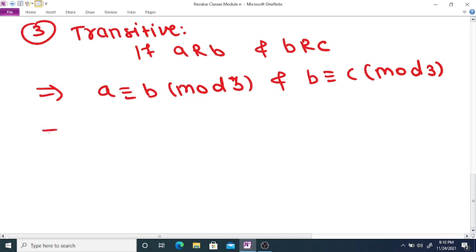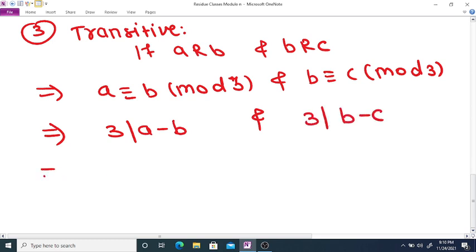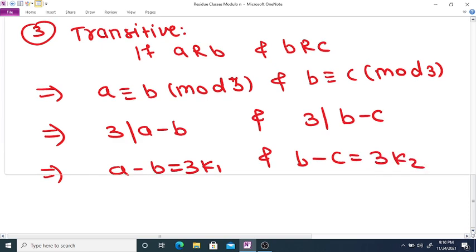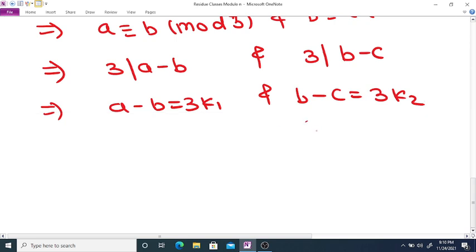So this implies 3 divides a minus b and 3 divides b minus c. So a minus b is a multiple of 3, say 3k1, and b minus c is also a multiple of 3, say 3k2, where k1 and k2 are integers.